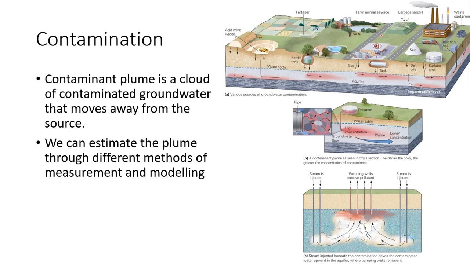So in this diagram on the right, we can see that we have a lot going on here. We have things like fertilizer and septic tanks and surface tanks and all sorts of things that could be impacting the water table. So here is our horizontal water table, and these little red streaks here represent the contaminant plume.